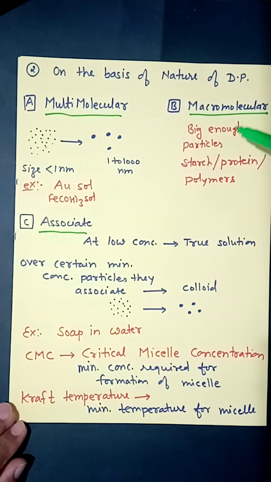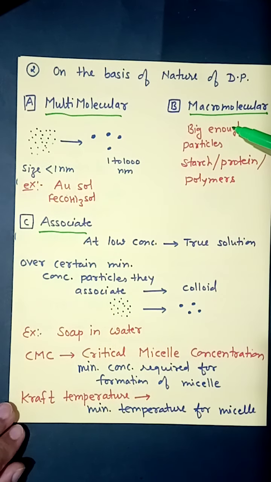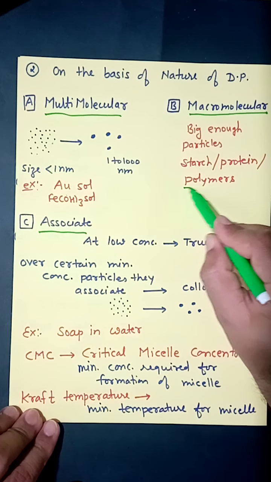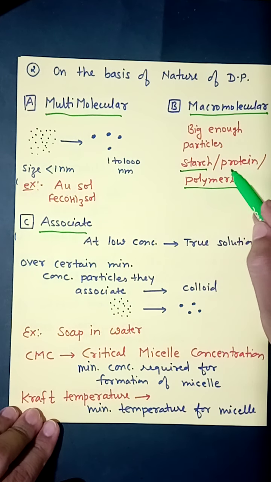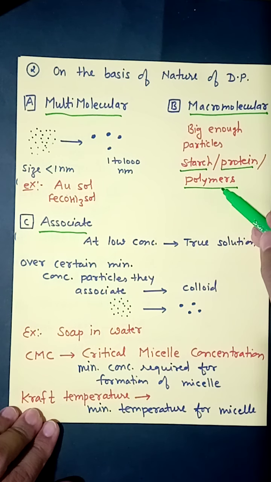So here particles are big enough to have this dimension of 1 to 1000 nanometer. Here particles are so big that they are not required to have any kind of association. And big particles means they must be particles of polymer. It may be colloidal sol of starch, colloidal sol of protein, or colloidal sol of any other polymer.